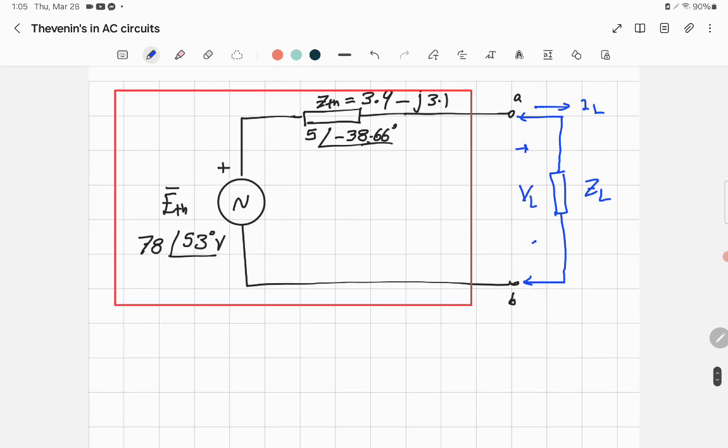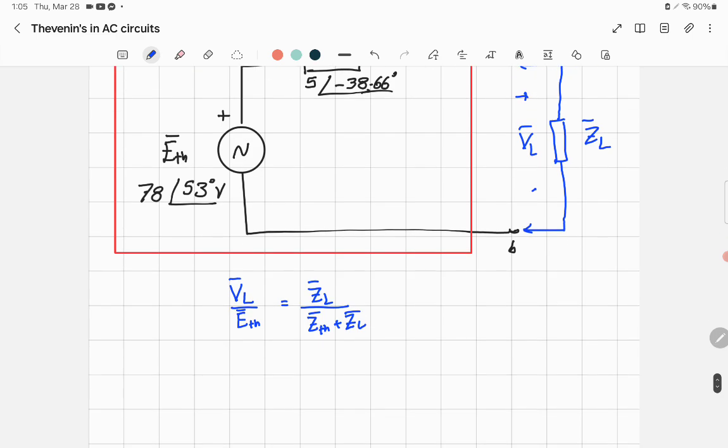Well, to find the voltage, you use the voltage divider rule. Because you know VL, the voltage across the load, divided by the source, which is E Thevenin. Of course, everything is phasor. It equals the impedance of the load, ZL, over the total. What's the total? Z Thevenin plus ZL.